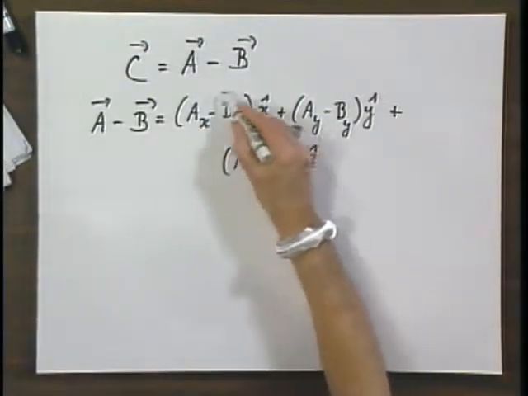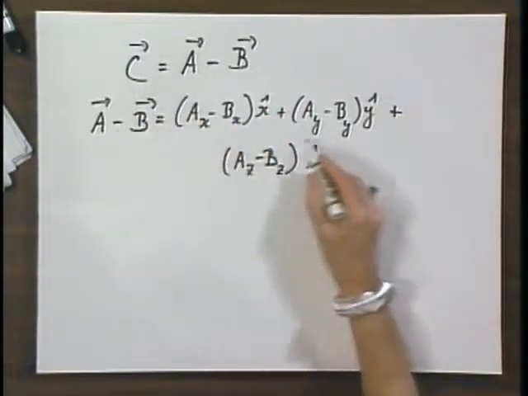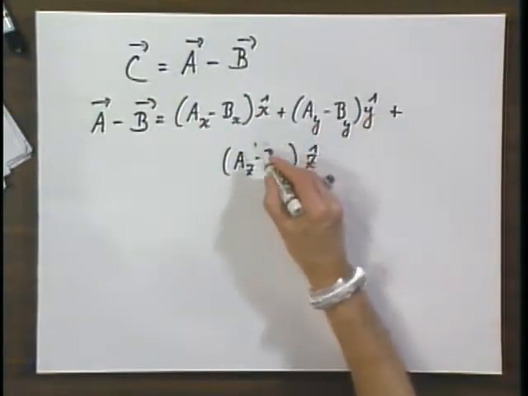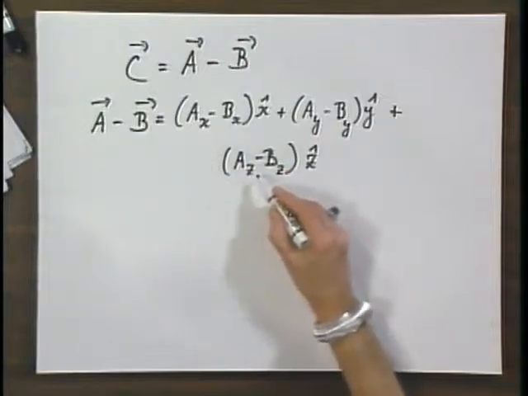So this is the x component of the vector c, this is the y component, and this is the z component of the vector c.